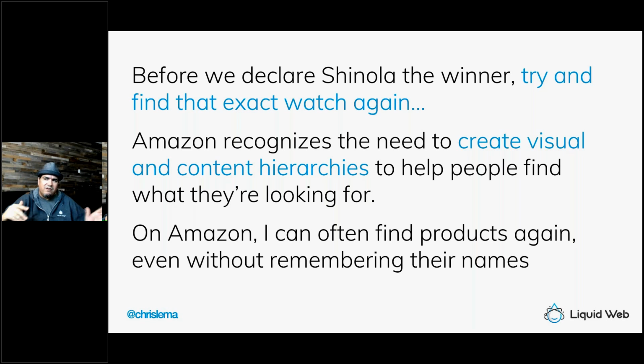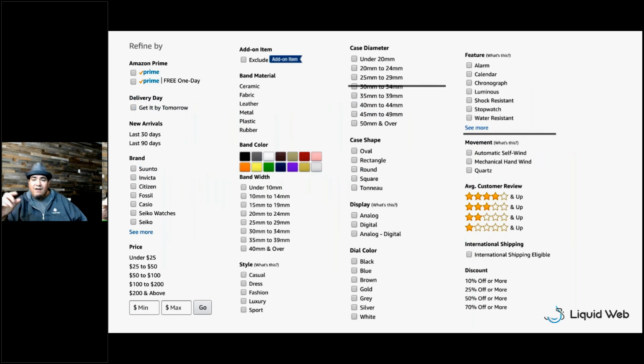But what Amazon really understands is the need for visual and content hierarchies to help you find what you're looking for. And I can find products on Amazon several times over without ever knowing their name, right? When I go back to Amazon and look for a watch, I can find that watch often by the way in which I describe it, right? I go, okay, first of all, I always pick Prime, right?